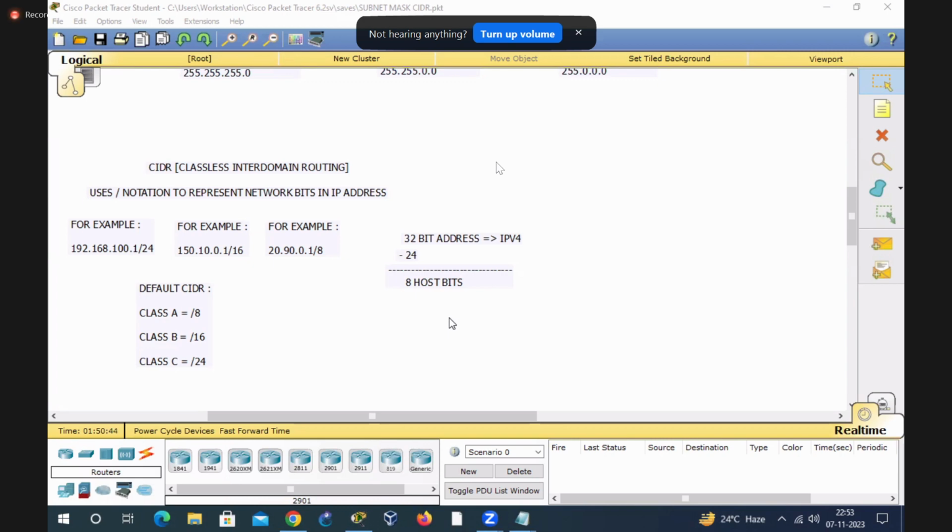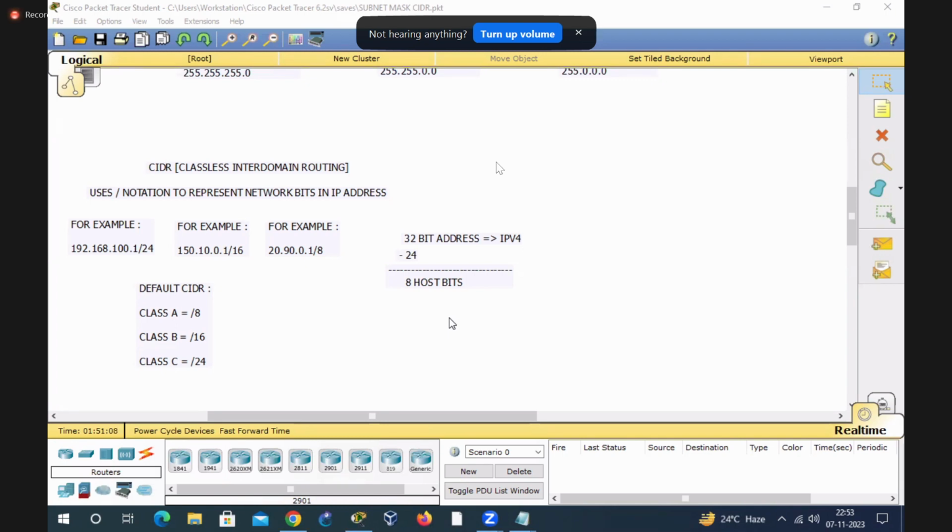Yes, go on. For class A, range is 1 to 126, and the range is 1.0.0.0 to 9.255.255.255, and another is 11.0.0.0 to 126.255.255.255.